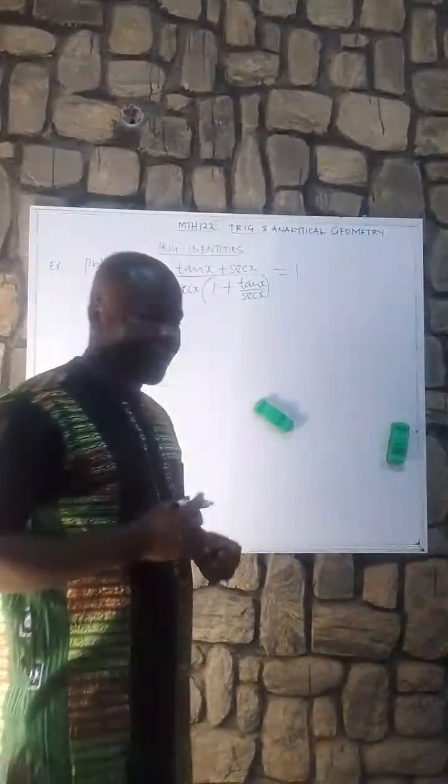As simple as ABC. So we want to prove that the left hand side is equal to the right hand side.